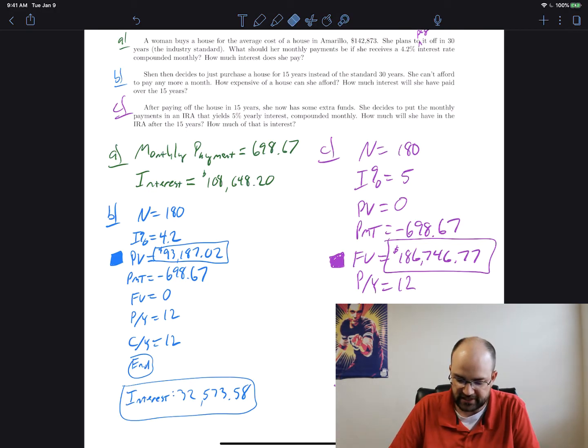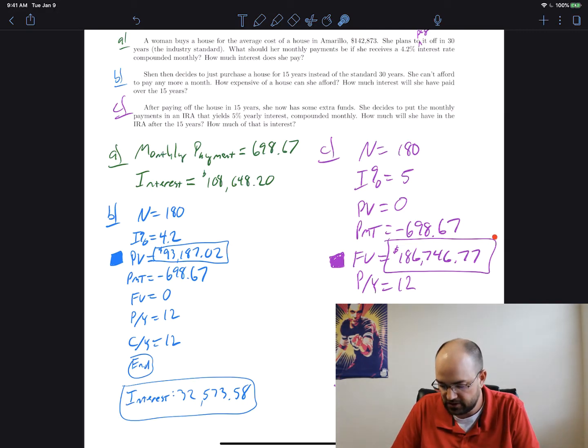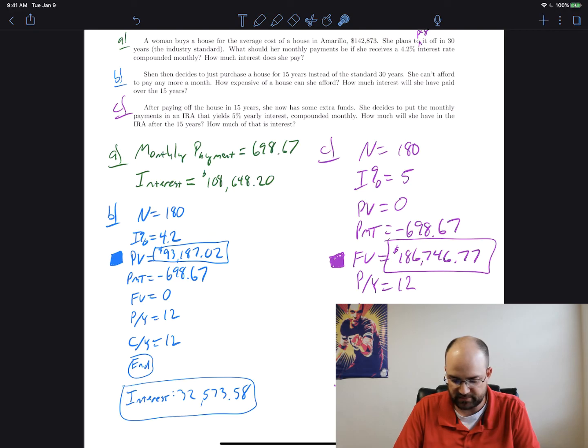And what's important to understand is that she not only has a house that was worth $93,887.02. She also then has $186,746.77, which is actually even more than what the original house was worth. So at the end of the 30 years, she not only has a house, but she has more money than she would have for the cost of that house for the 30 years.